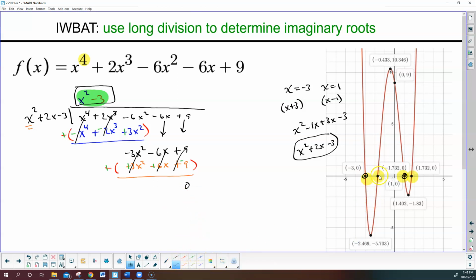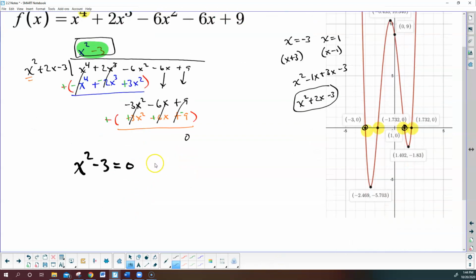Well, we already know they're real because you can see where they cross. So now I'm going to take whatever was left over from dividing out this trinomial. This is what's left over of f of x, and we're going to find its 0. Now notice, you don't need the quadratic formula because you have one variable. You can just use algebra, add 3, and then take the square root of both sides.